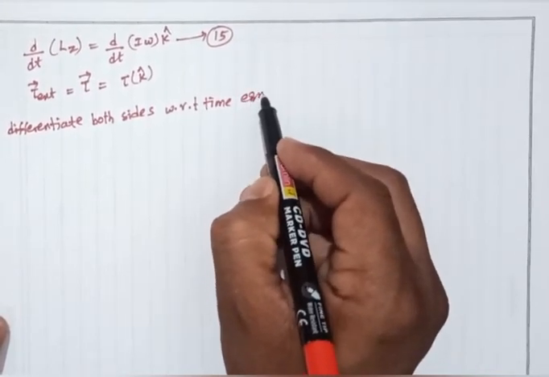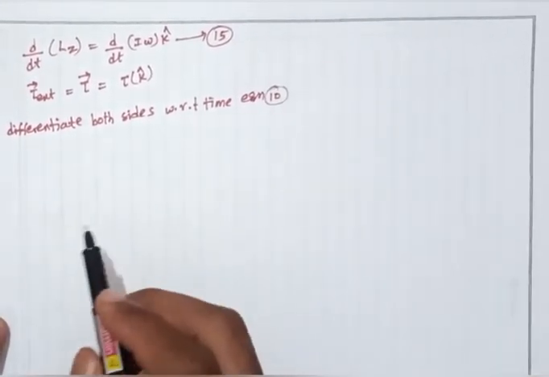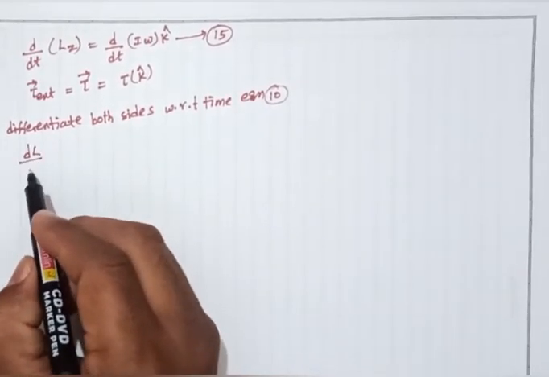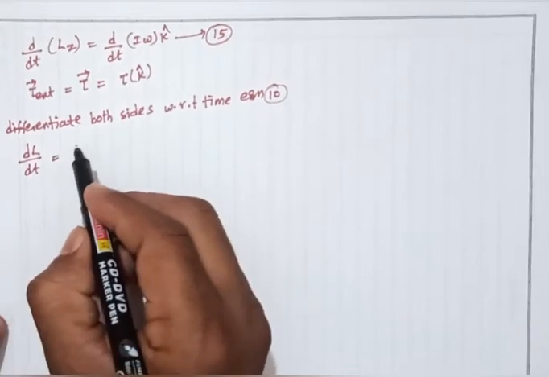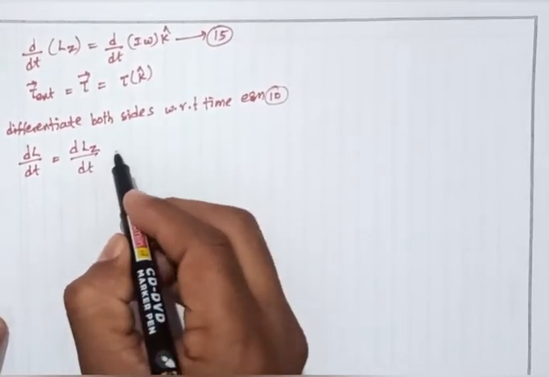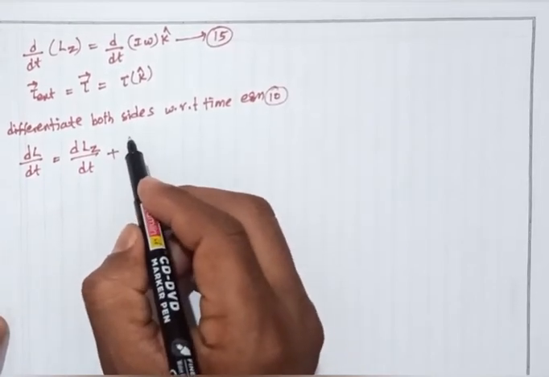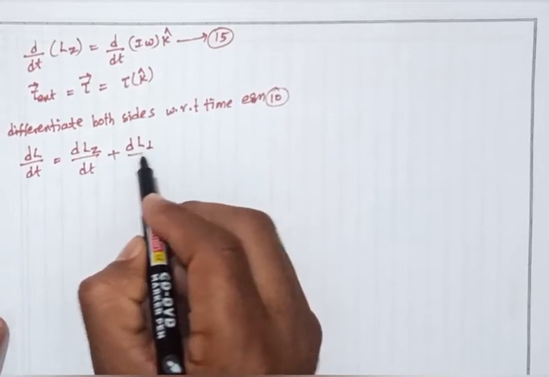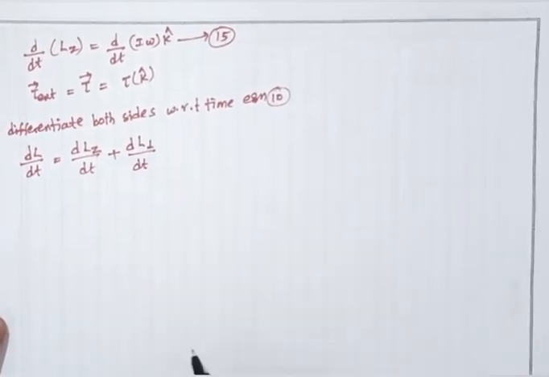So dL by dt equals dLz by dt plus dL perpendicular by dt.